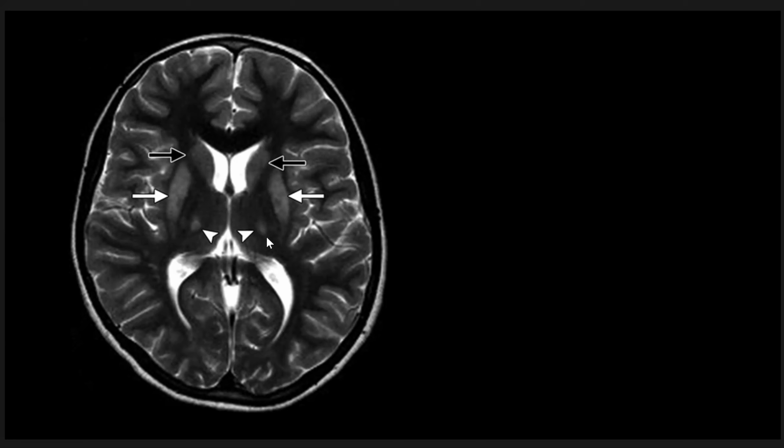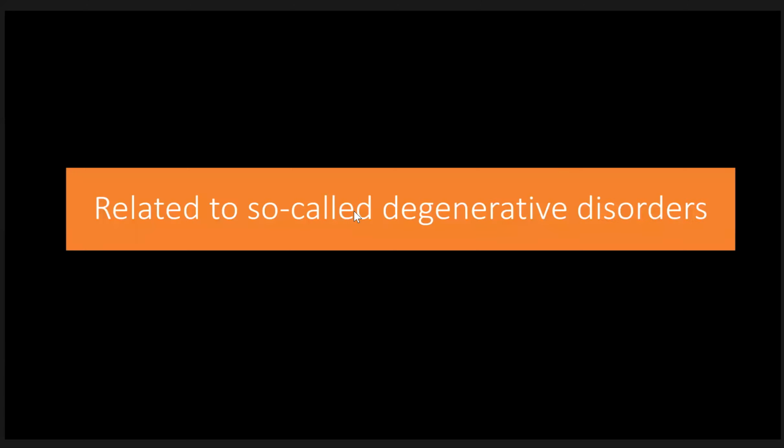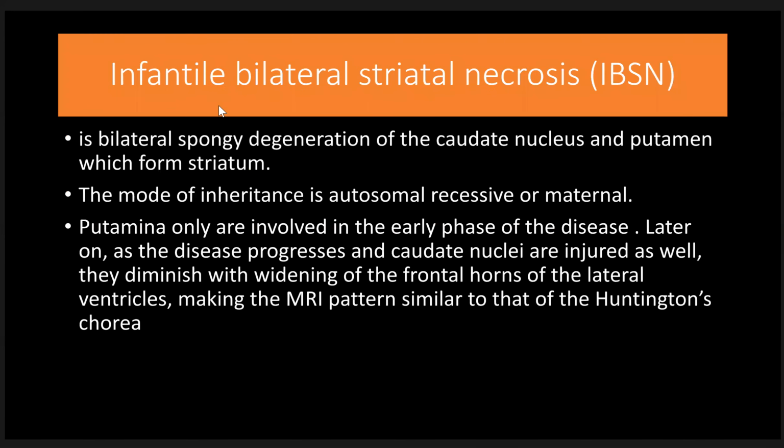If the thalami are involved, it is the ventrolateral aspect only. Another category is related to degenerative disorder, and we have infantile bilateral striatal necrosis, which is bilateral spongy degeneration of the caudate nuclei and putamen, which form the striatum.